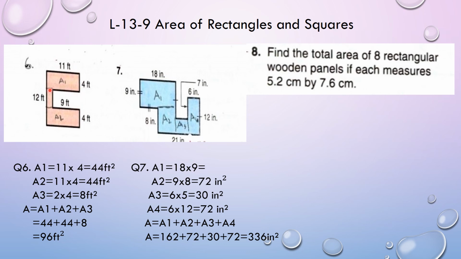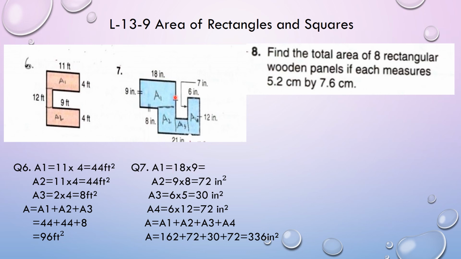What is remaining? 2. Then 2 into 4, 8. Then you can add all, 44 plus 44 plus 8. What is the answer? 96. All together, what is the area? 96 feet square.